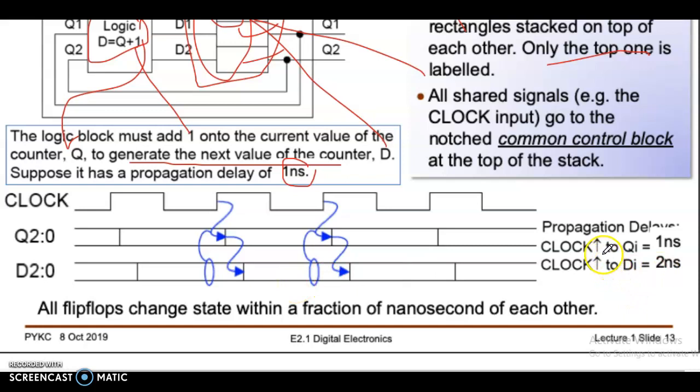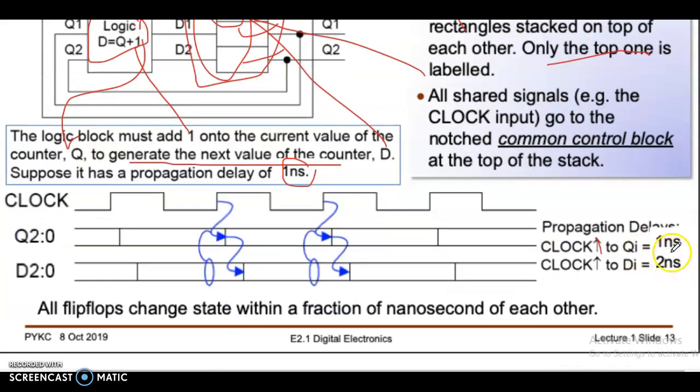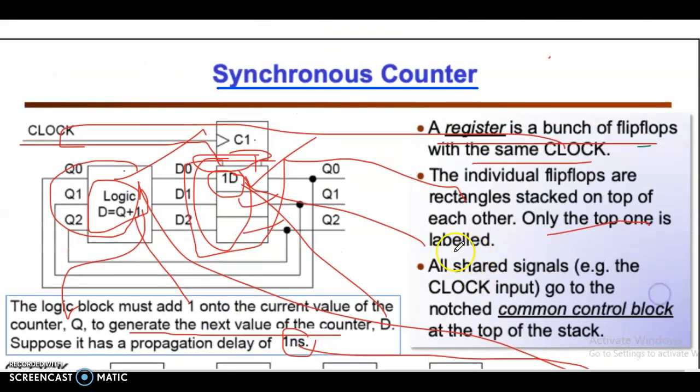Propagation delay, clock 1 high to Q1, is 1 nanosecond. Clock 1 to D1, that is clock here, is the first 1 nanosecond.